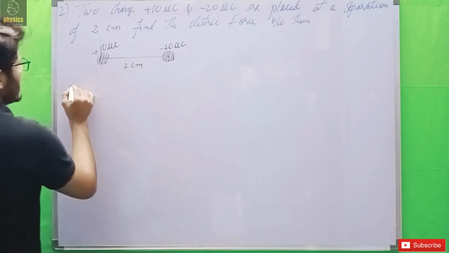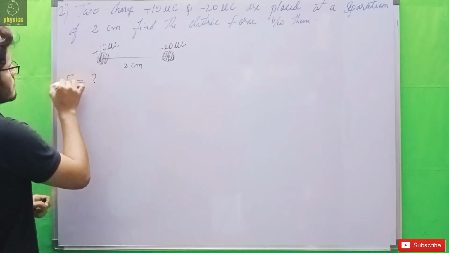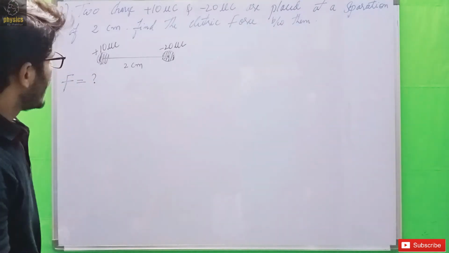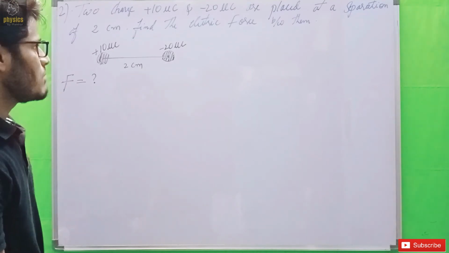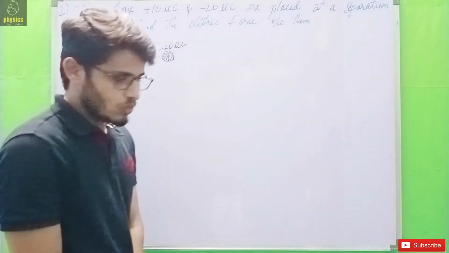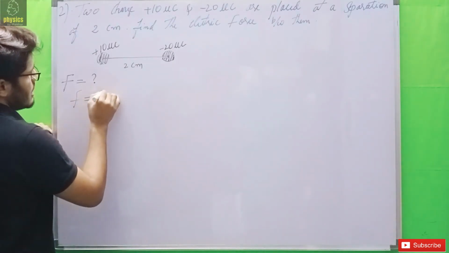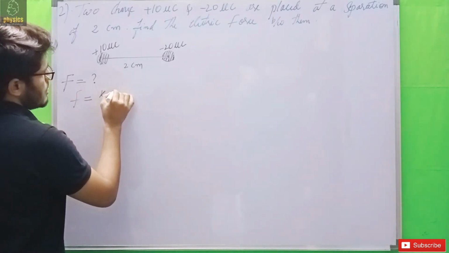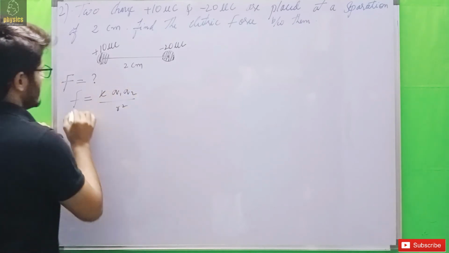Then we have to find out the force between them. To find out the force between charged particles, we will be using the Coulomb's law expression. F is equal to K Q1 Q2 by R square.